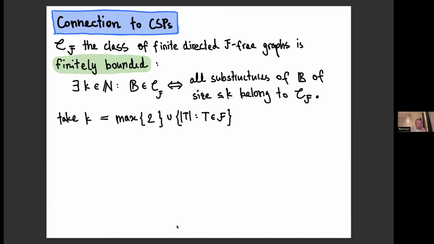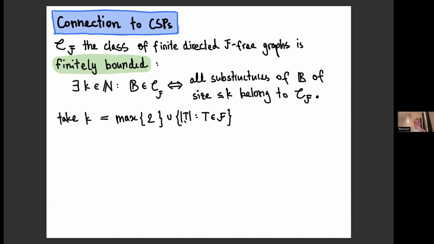Why is that? Well, in this case we just need to take k to be the maximum of 2 and the size of the largest tournament in F. If we're given this input B, then we know k is at least 2, so we can check if all the edges are actually directed edges, so if they have a unique orientation. That's why we need the 2 here.